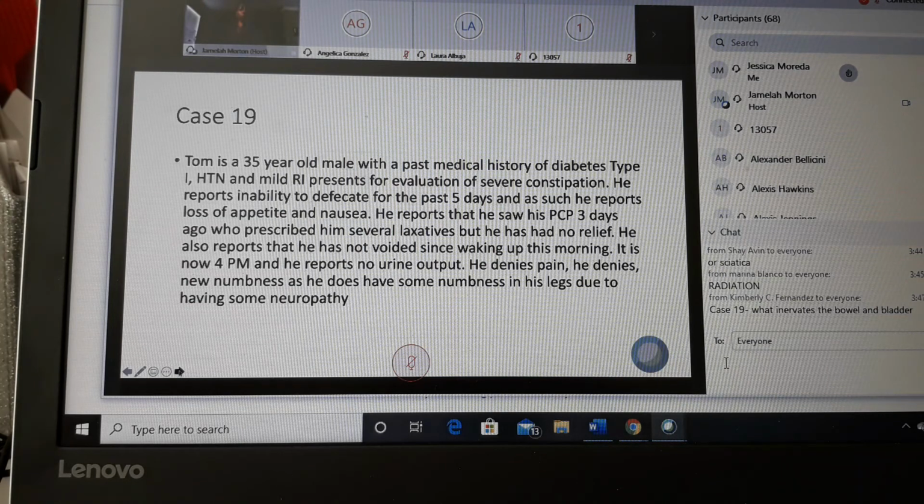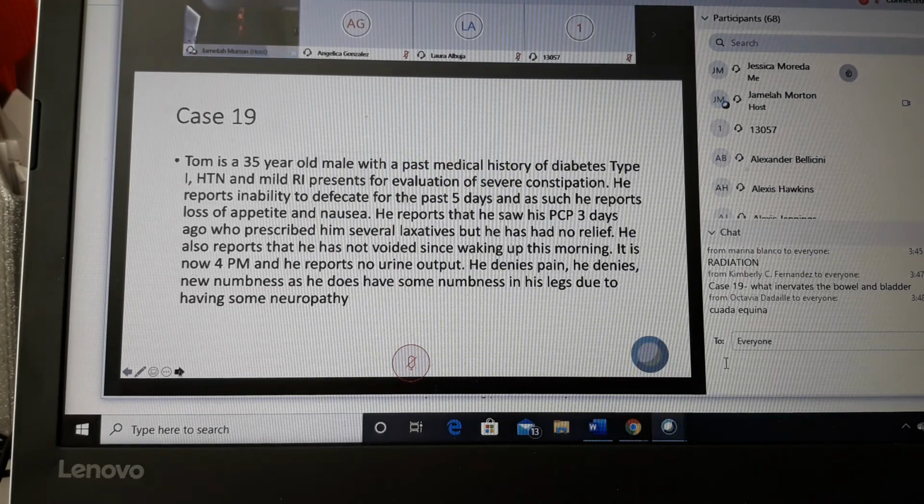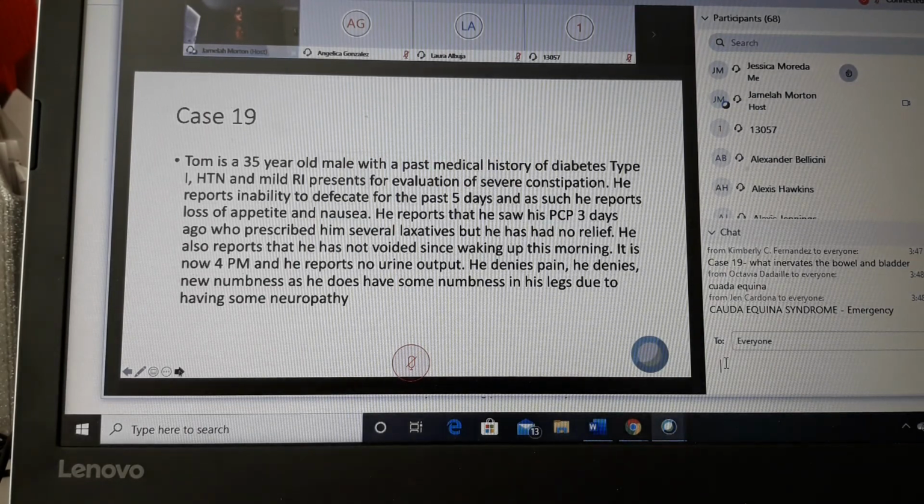Okay. So case 19. Tom is a 35-year-old male with past medical history of type 1 diabetes and mild hypertension. He presents for evaluation of constipation. He reports an inability to defecate for the past 5 days, and as such, he reports loss of appetite and nausea. He reports that he saw his PCP 3 days ago, who prescribed him several laxatives, but he has had no relief.